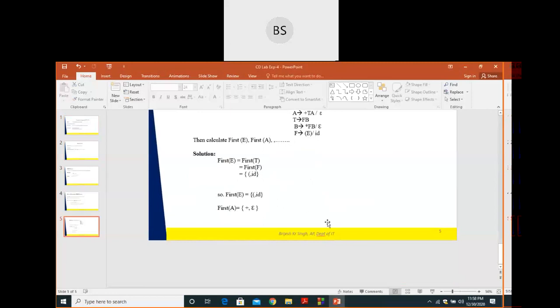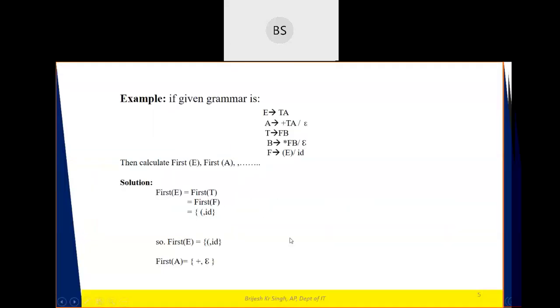Right? T is a non-terminal symbol. Then FIRST of T: T produces FB.